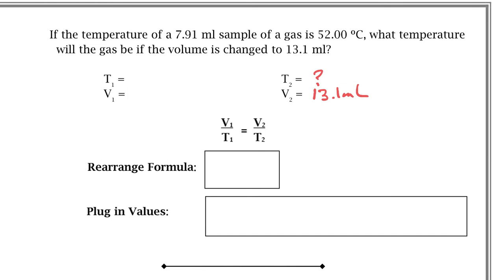So that leaves me T1 and V1. Well, which one has a volume unit? Yeah, mL. So this has got to be 7.91 mL. Celsius is obviously the temperature. So it's 52.00 Celsius, and I'm going to convert that. What does that end up being? 325.